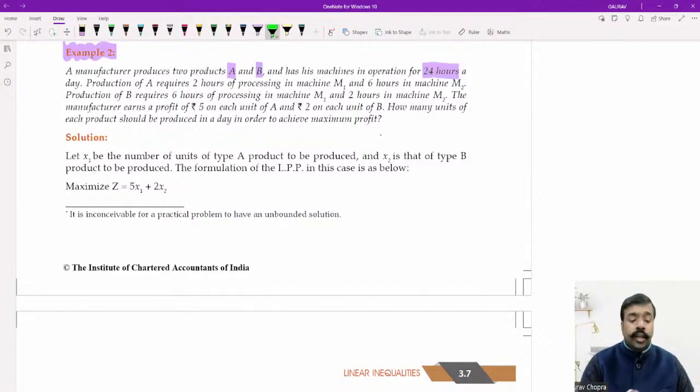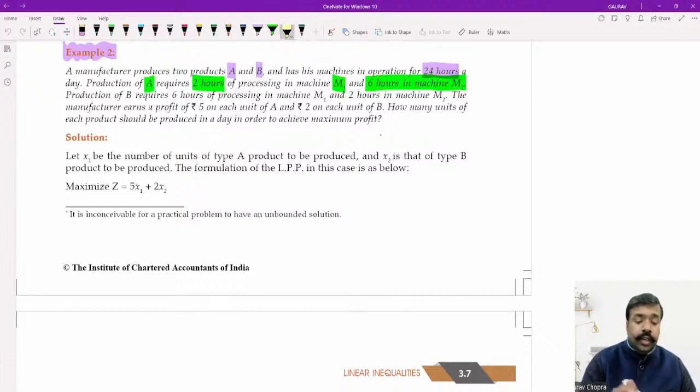To produce A, we have to use 2 hours on M1 and also 6 hours in M2. After that, the product A will get completed. Similarly, production of B requires 6 hours of processing on M1 and 2 hours on M2. This is the requirement of B.